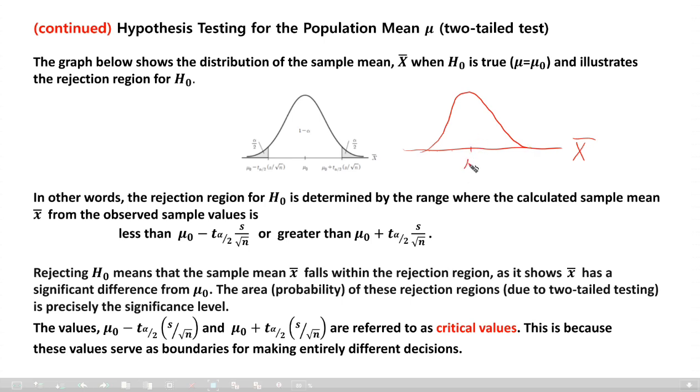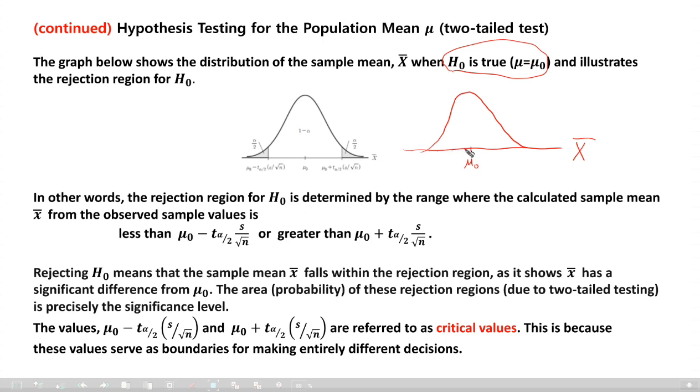The center is mu zero, because the process of hypothesis test starts under the assumption H0 is true. H0 is true means mu equal to mu zero. That's another reason why the equality sign is in H0.